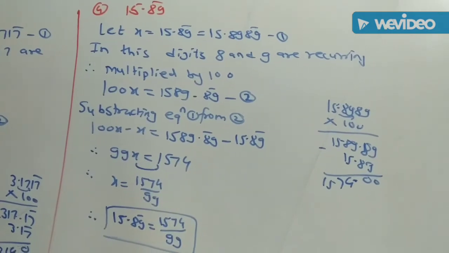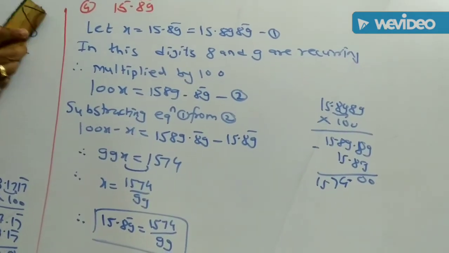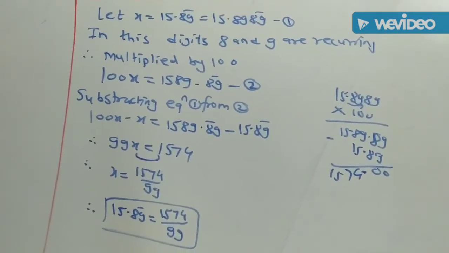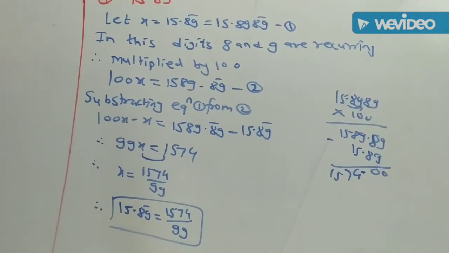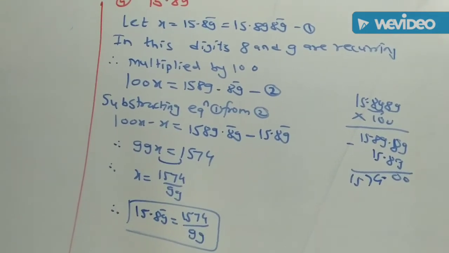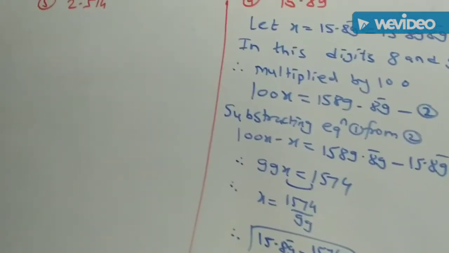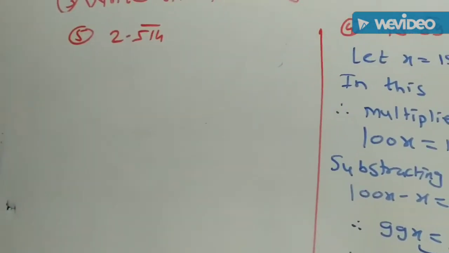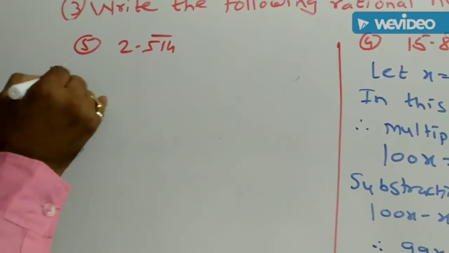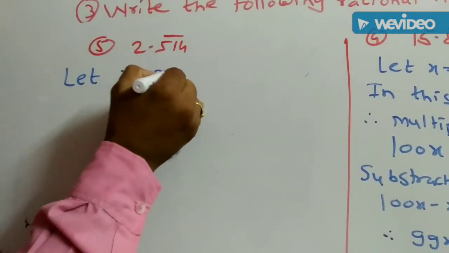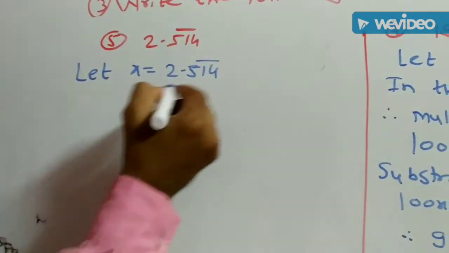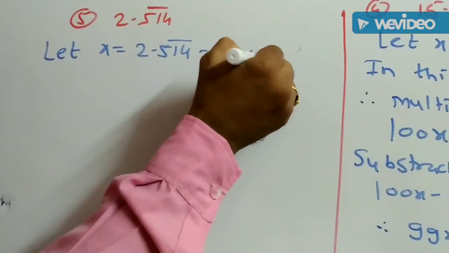Then next, the fifth example is 2.514 bar. Now again we consider let x is equal to 2.514 bar. It can be written as 2.514514 bar, equation 1.